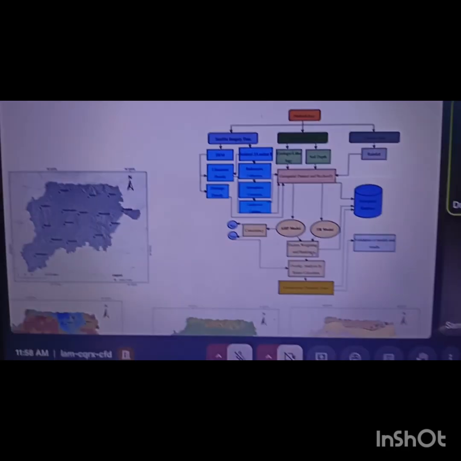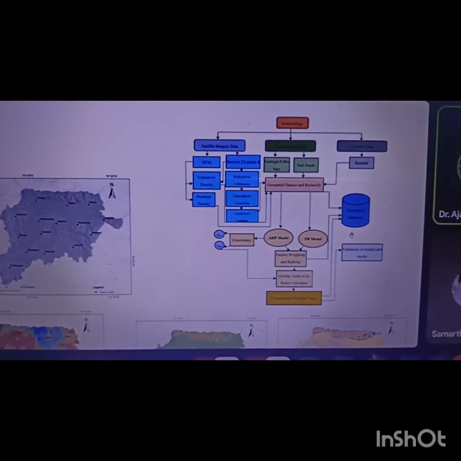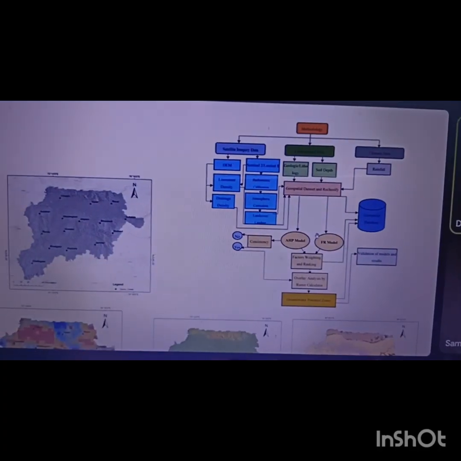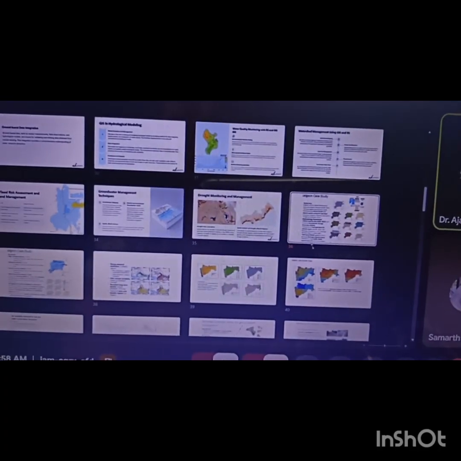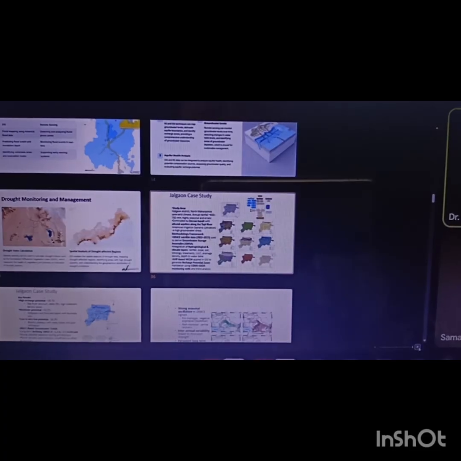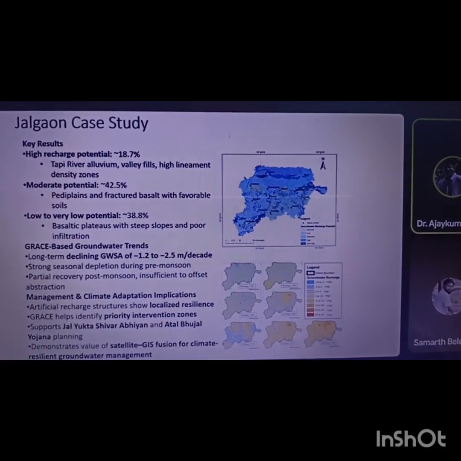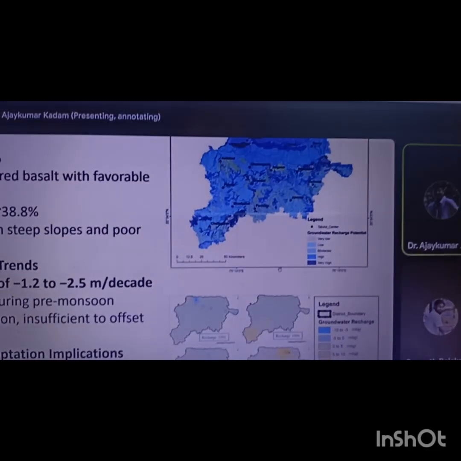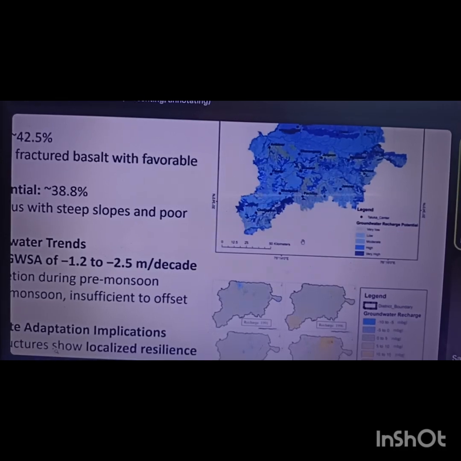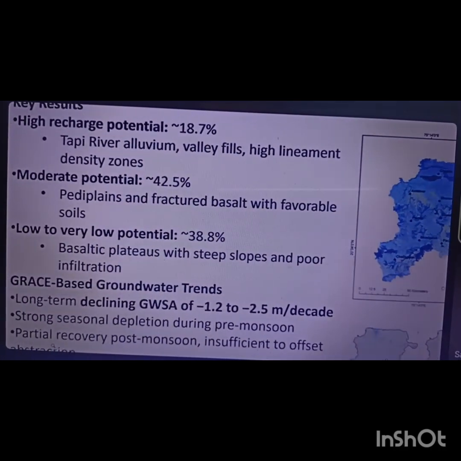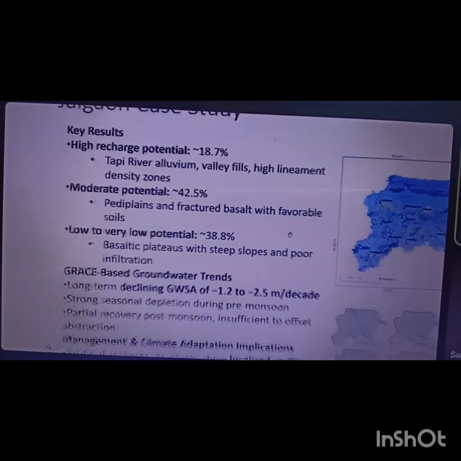All these things we will do, and then we will do the validation and model analysis. So this model analysis we have done, and we identify this will be the recharge potential zones of that area. This will be the result.